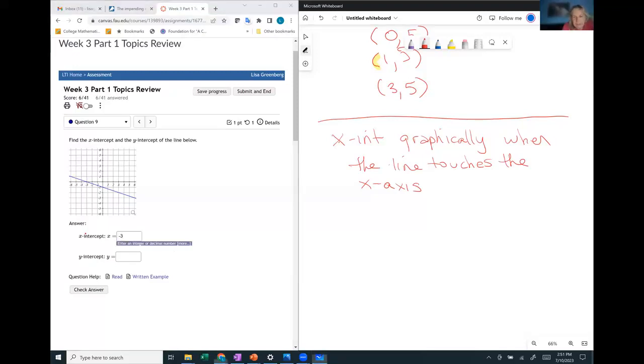And the y-intercept, is that negative? Well, -2. It looks like -1.